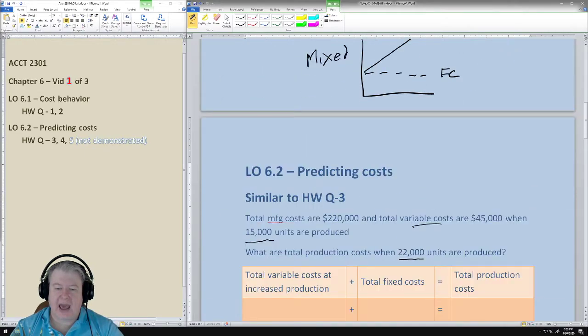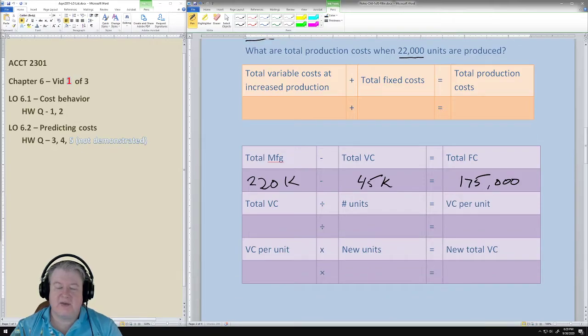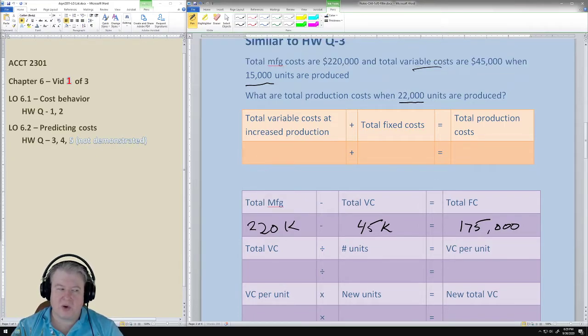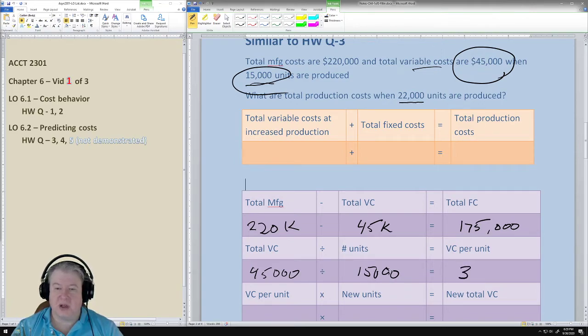Now, if we look at what is the variable costs? Well, we can look at the variable cost because that's a per unit price, right? So the variable costs were 45,000. So these are just numbers we were given, 45,000, and for 15,000 units, right? And that comes out to $3 a unit. Okay.